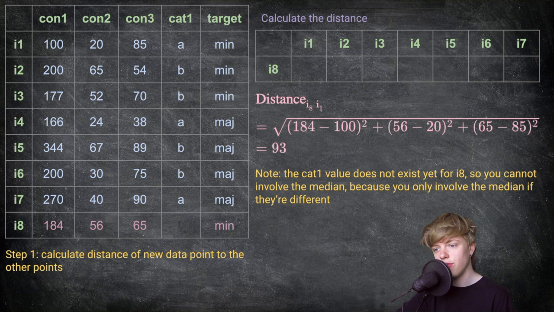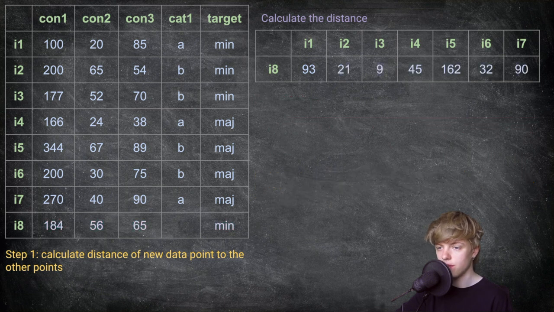Note, the cat1 value does not exist yet for I8, so you cannot involve the median, because you only involve the median if they're different. That makes this a normal Euclidean distance computation. The difference between I8 and I1 is then 93, and we can calculate that for all of them. And we end up with this list.